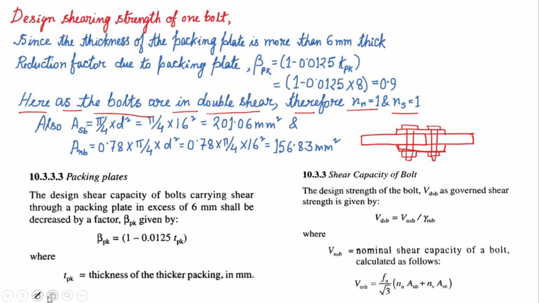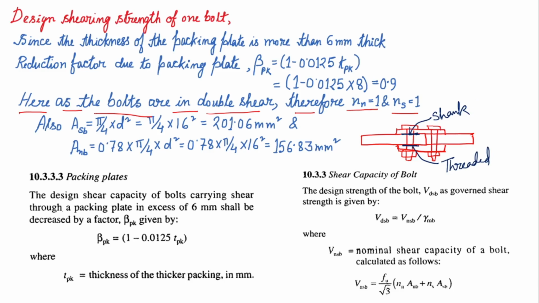Now if you see, as this connection has two cover plates, here it will have one shearing plane at the top, another shearing plane at the bottom. So we will assume that the top shearing plane of the bolted connection is at the shank portion of the bolt, and the bottom shearing plane is at the threaded portion of the bolt.